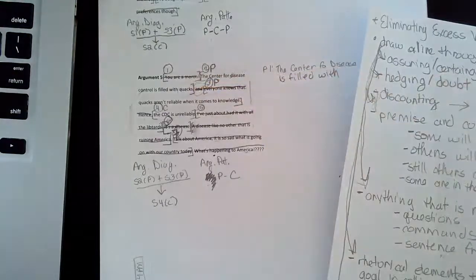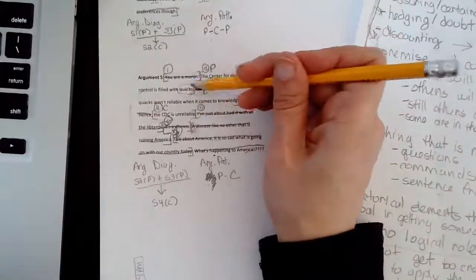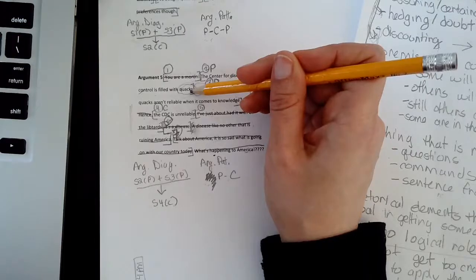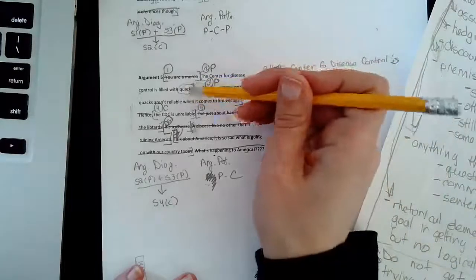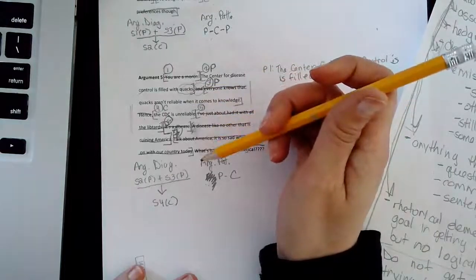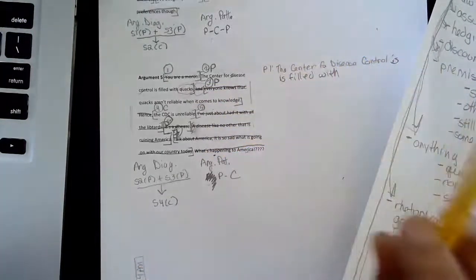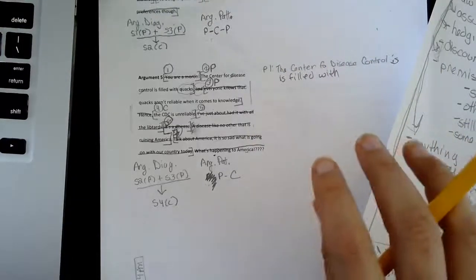Sometimes there will be exceptions to the rules. Even though this is colorful language and a rhetorical element in part, what we need to do is use uniform language, but we can't cross it out or we destroy the sentence. So we just need to replace quacks with something else. We want to take that out because it has no role and is trying to go beyond what should be strictly rational discourse.